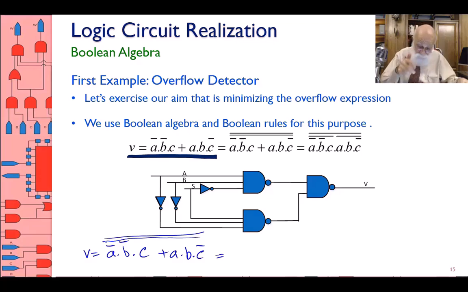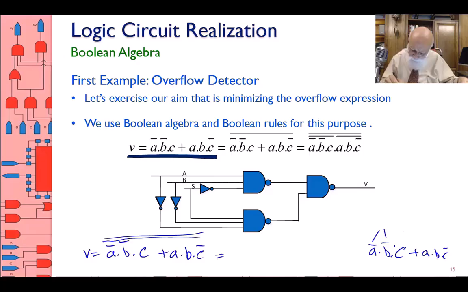The last rule says you can take the bar and break it from its upper level operation. See here, I have A bar, B bar, C, ORed with A, B, C bar.